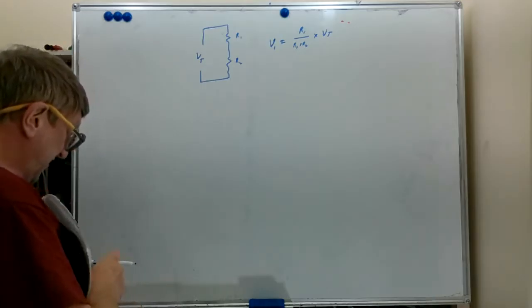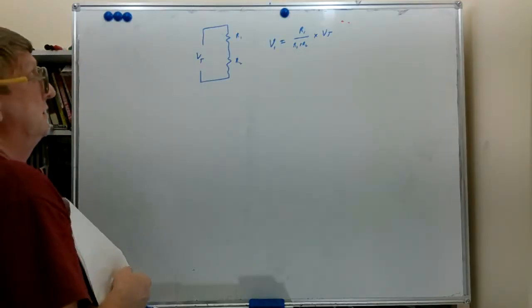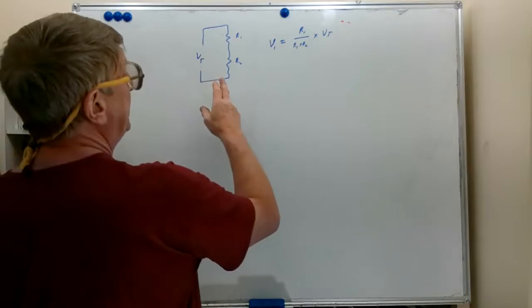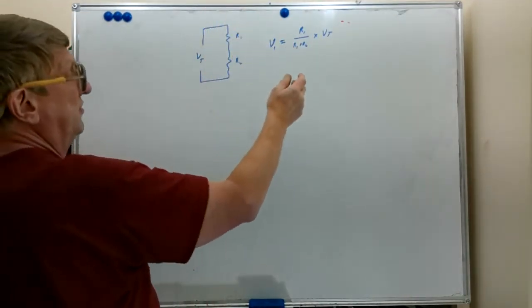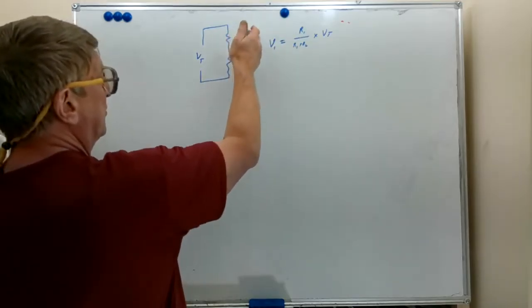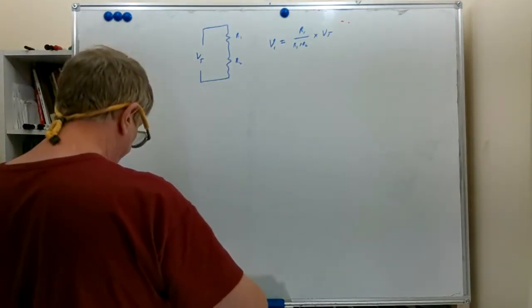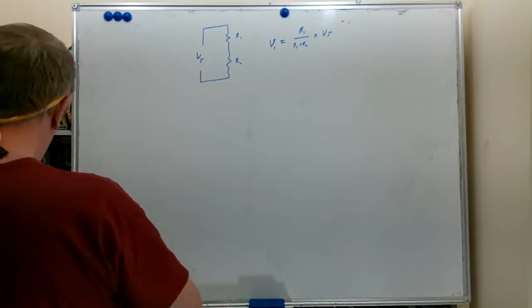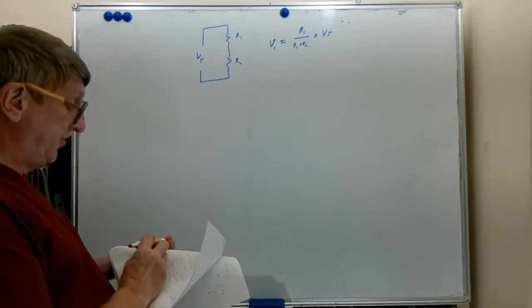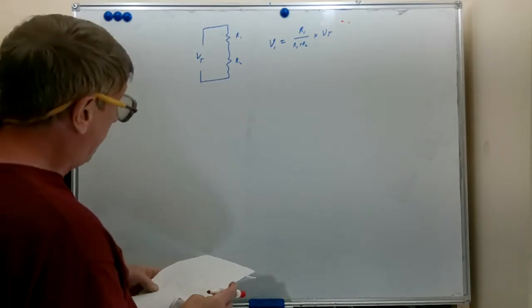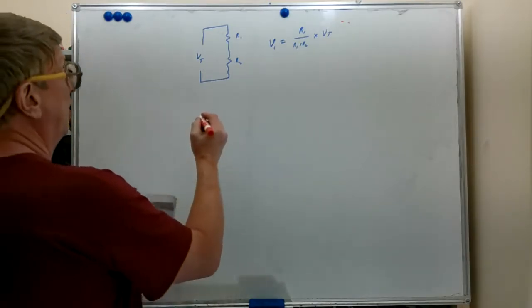There was our voltage divider formula. We had our applied voltage. We multiplied that times the ratio of the value of this resistor to the total resistance, and that gave us the voltage here. Now we're going to quickly review the parallel current divider formula that we just saw.